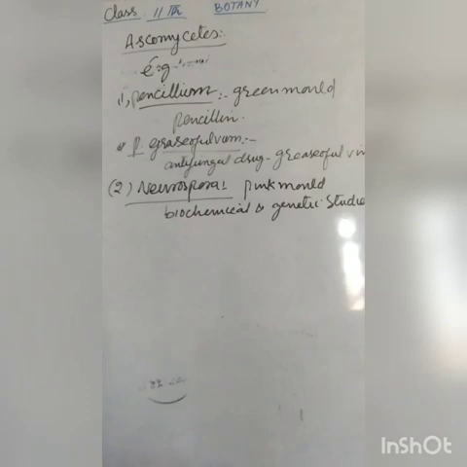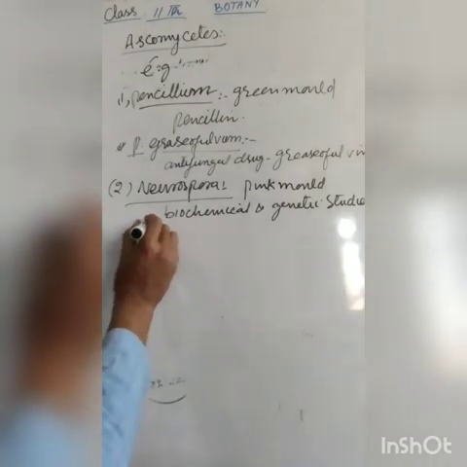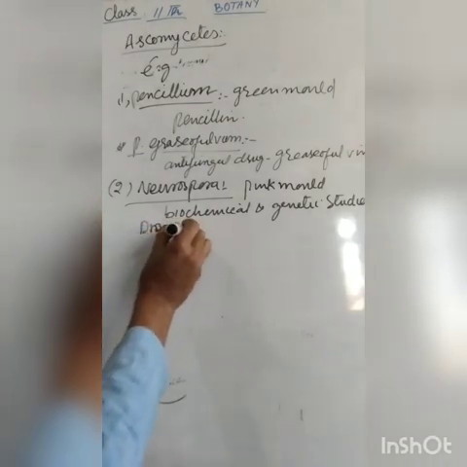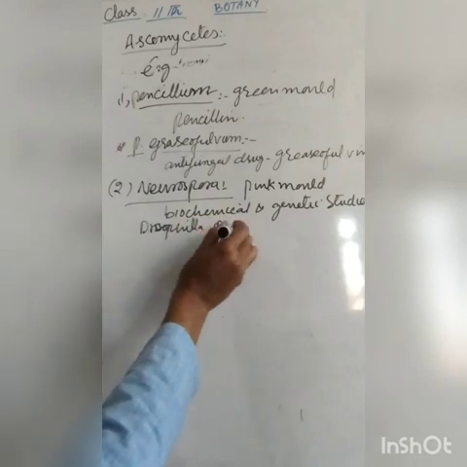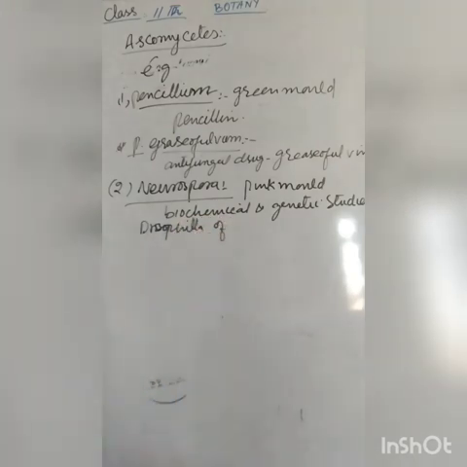And it is called the Drosophila of the plant kingdom. That means as Drosophila is used in animal kingdom genetic studies, likewise this Neurospora, a fungus, is used in the biochemical or genetic studies related to plants.